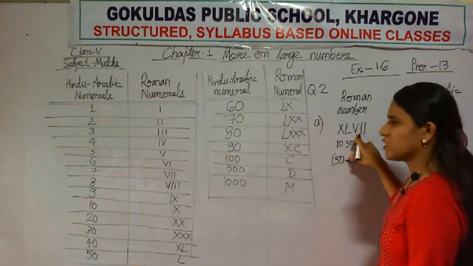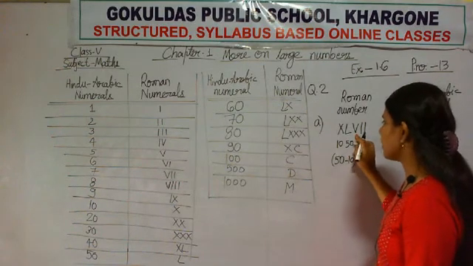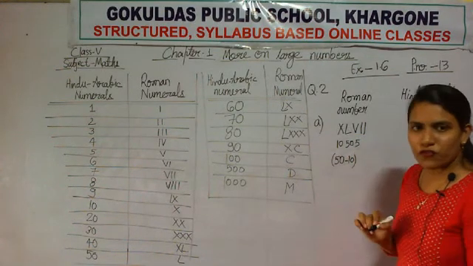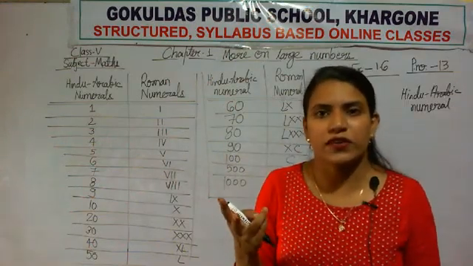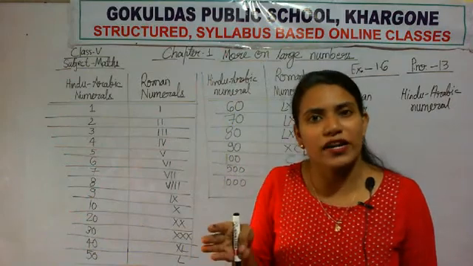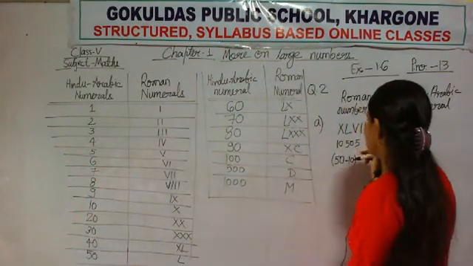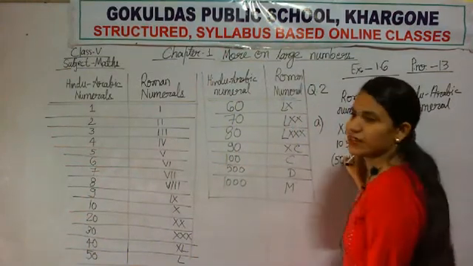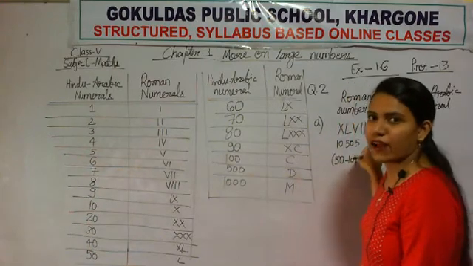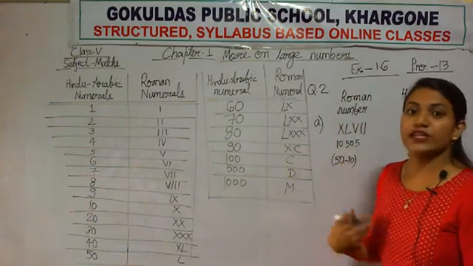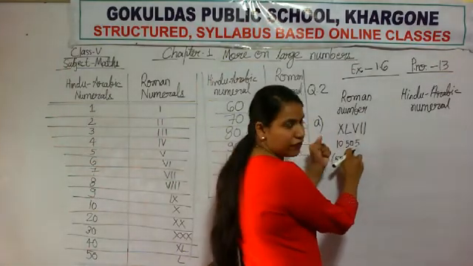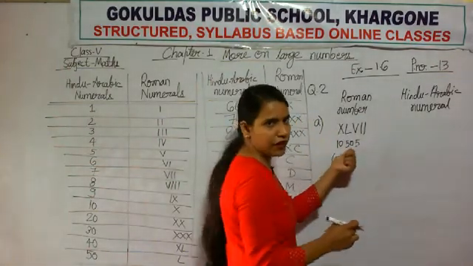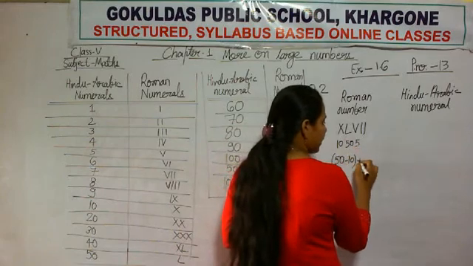This V represents 5. You know the other rule. If a smaller number is placed at the right of the larger number, it shows addition, right? So here 5 is smaller than 50, so you will add it.